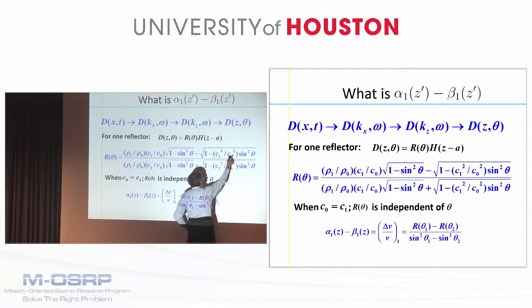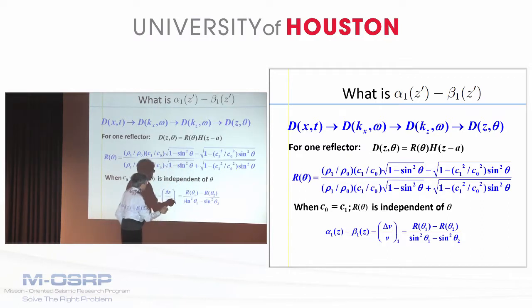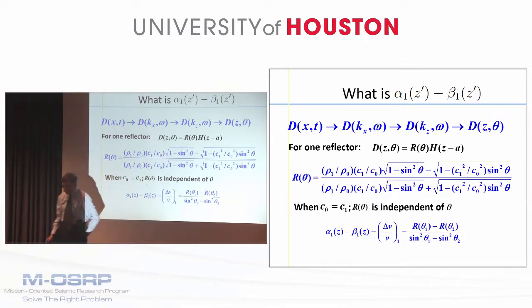If the velocity didn't change, this is 1. Yes? If the velocity didn't change, this is 1. And then you have a factor 1 minus sine squared that factors out from numerator and denominator. Yes? If C0 is C1, the point is the reflection coefficient is independent of angle.